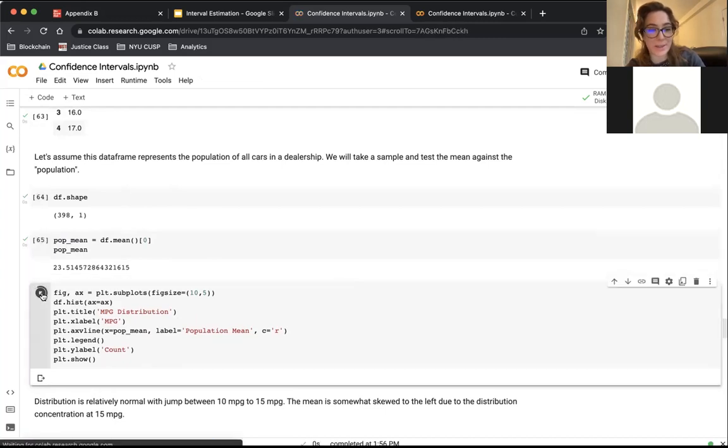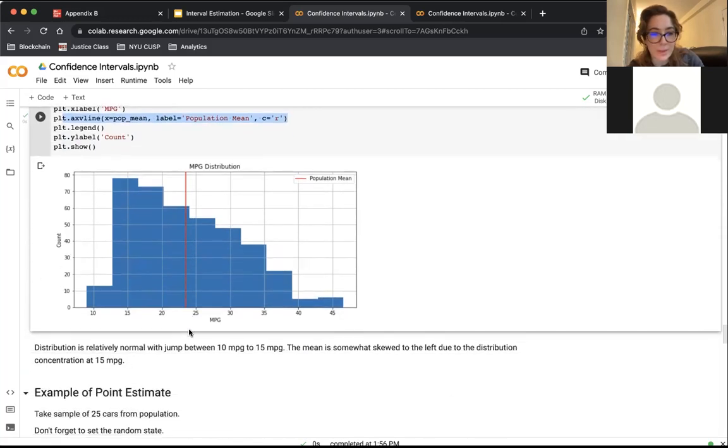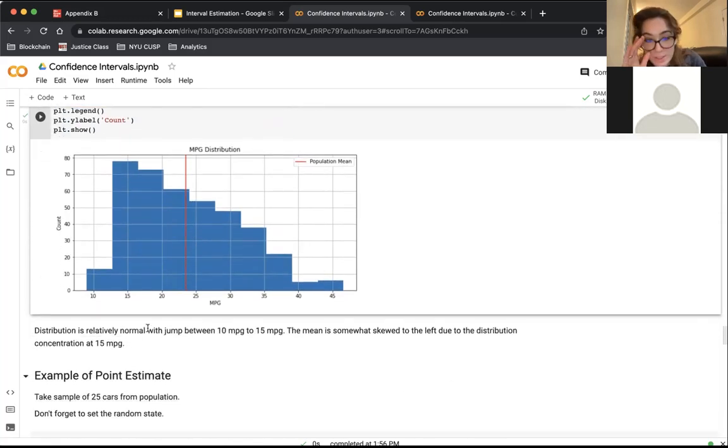So let's plot what the population of miles per gallon looks like. I do that using this histogram function, and I show this value of the population mean right in the middle. We see this is relatively normal, so we can assume normal distribution when we calculate from it, but it's kind of interesting.